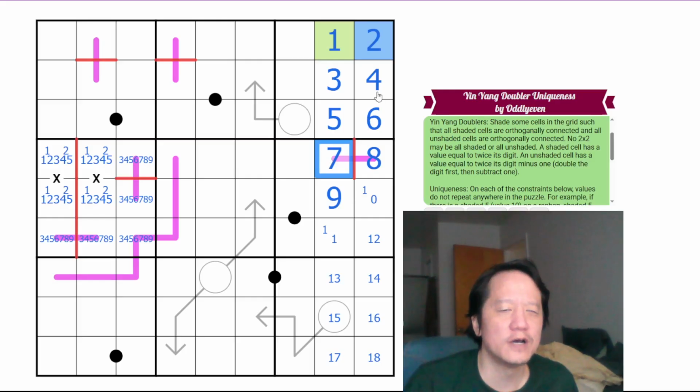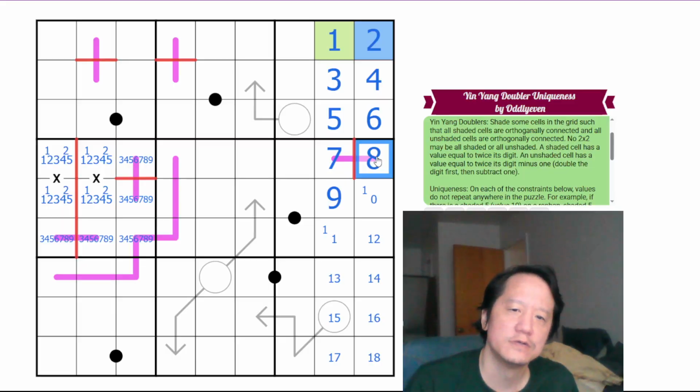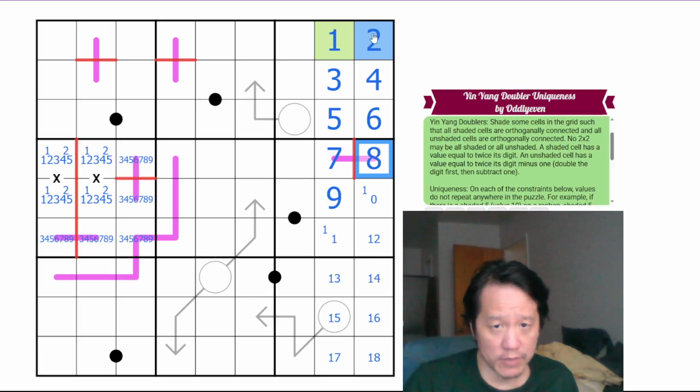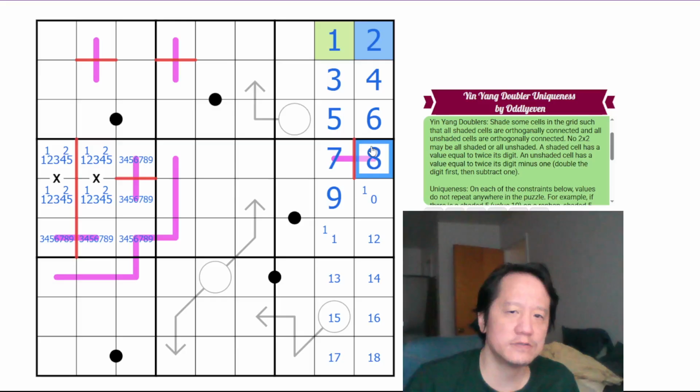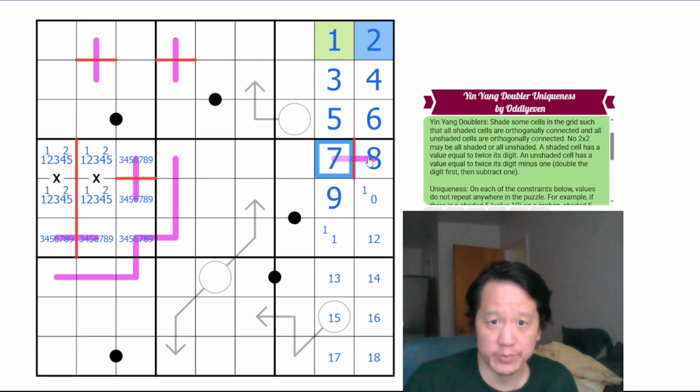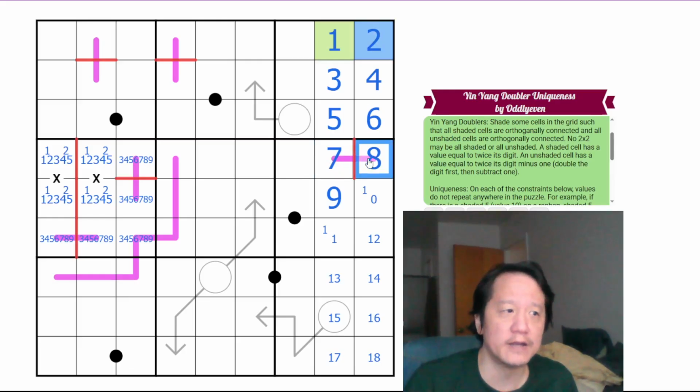So you could say have 4 and 6 and 1 and 9. That is possible. So that would be shaded 2 and 3 and unshaded 1 and 5. Or you could have shaded 2 and 8. Can you have 2 and 8? The answer is no. If you have 2 and 8, the problem is 7 is no longer available because we are using 8 to add up to 10.